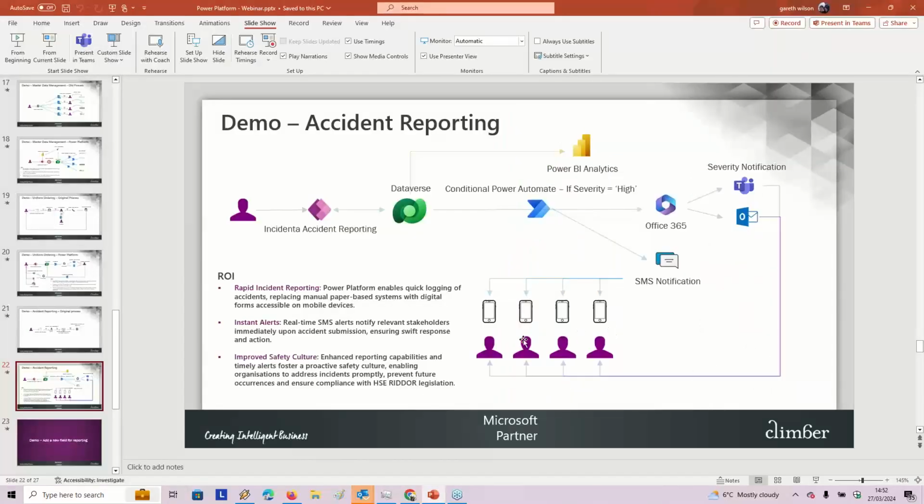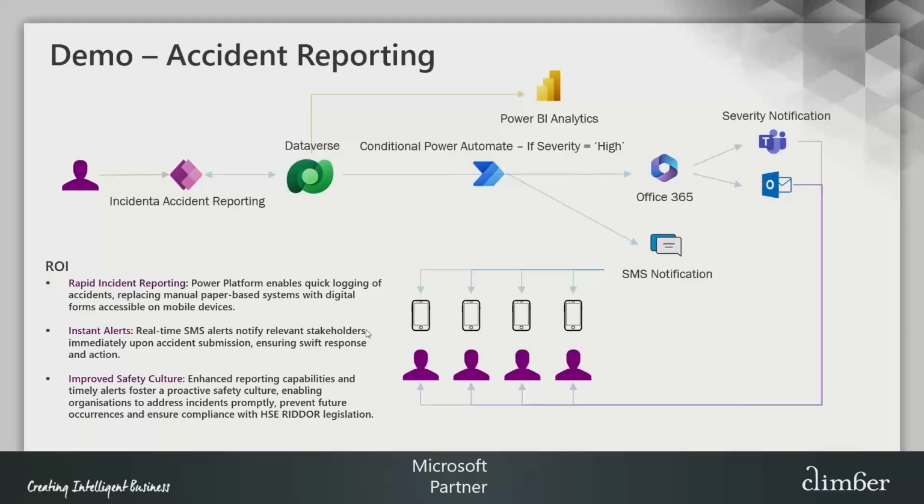So quickly, because we're a bit short for time, the ROI on that: rapid incident reporting. Very quickly, people throughout the business are notified that the accident has happened. You've got the incident with the instant alerts, and then you've got improved safety culture.